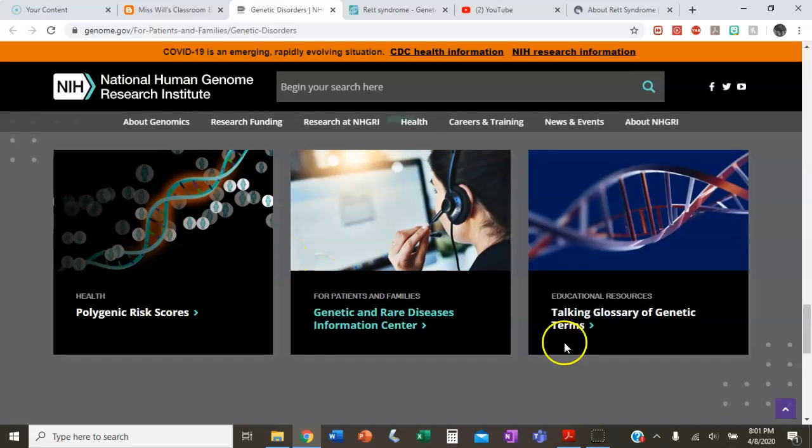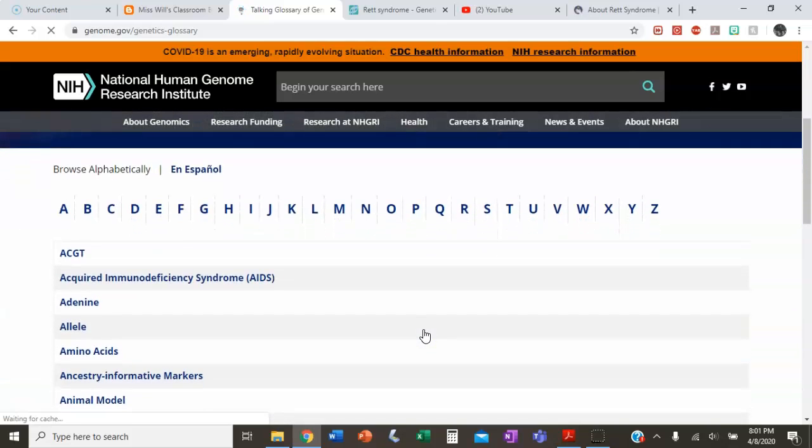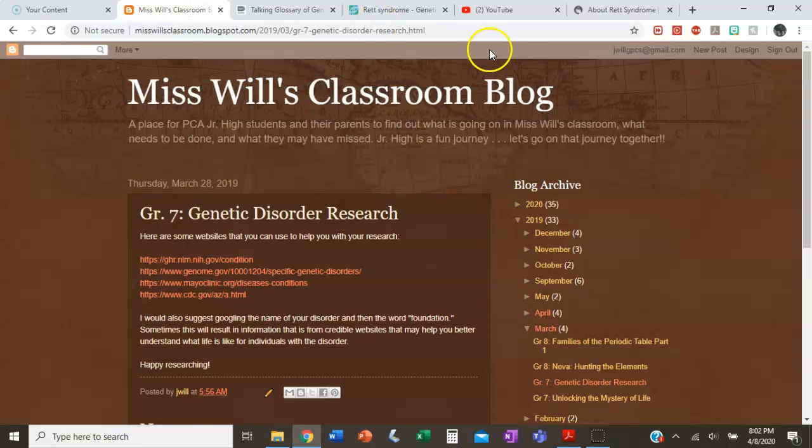However, one thing that it has right here is a glossary of genetic terms. If you run into a word you don't understand, and you're going to run into some, go to this website. Again, it's the second one down on my blog. Scroll down till you see the glossary, click on it, and it will bring you here, and you can look up some of those words that you're not familiar with. All right, so take advantage of that.